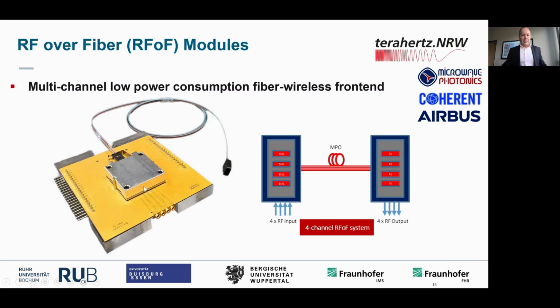RF goes in and is transmitted over fiber, and at the other module it's converted back to RF. So no more cables in between, just lightweight and flexible fiber used for multiple channels. The modules contain electro-absorption modulated lasers for the transmitter, and in the receivers we have photodiodes integrated with transimpedance amplifiers.